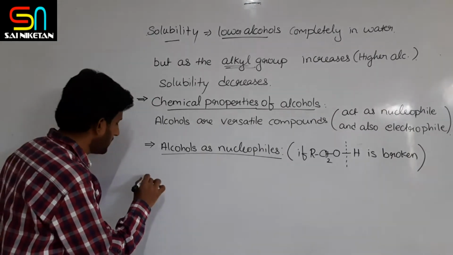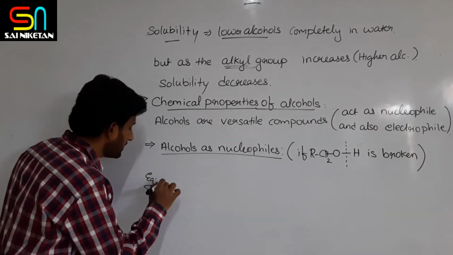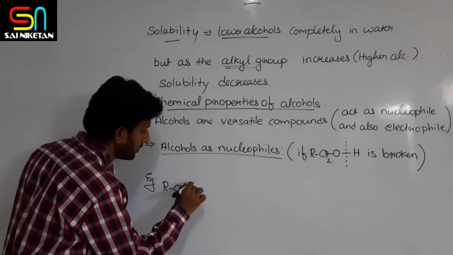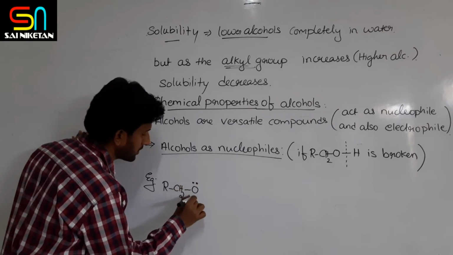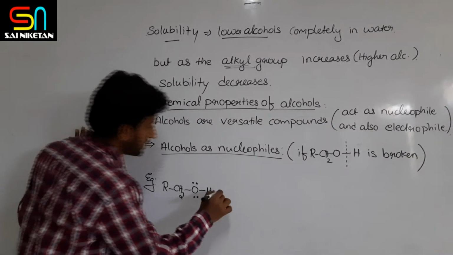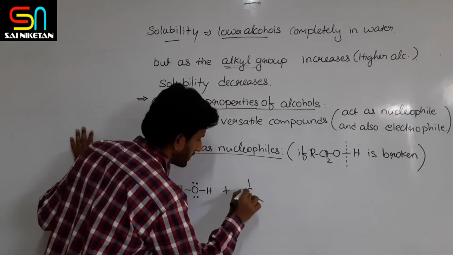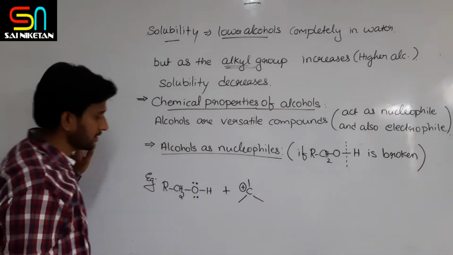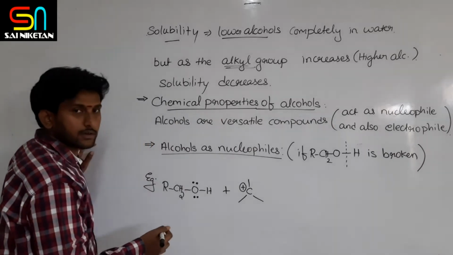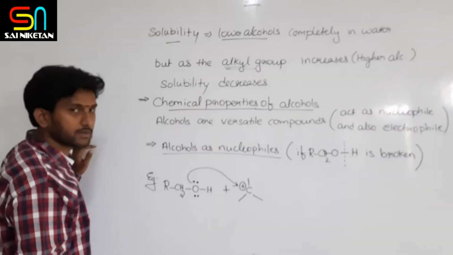Example, let us take one small example of a general alcohol, RCH2OH with lone pairs on oxygen. Let us assume it is going to attack some carbocation. The lone pair present on the oxygen can act as a nucleophile.